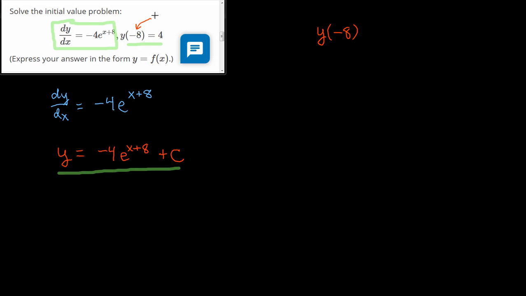I'm thinking about y as a function and x is the input. You can see it down here: y is the output and x is the input. So this is just fancy language for saying that x is equal to -8. If I put -8 in for x, the problem tells me that I get 4. So I have to get 4.